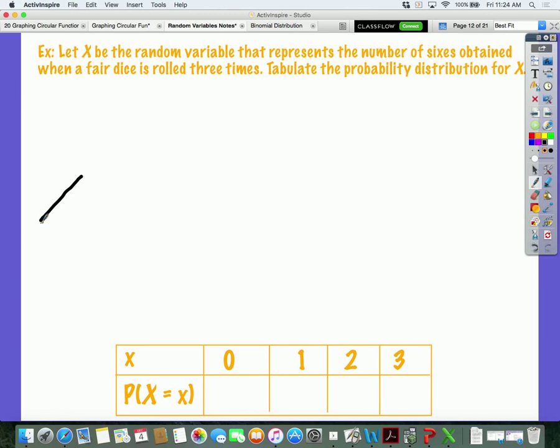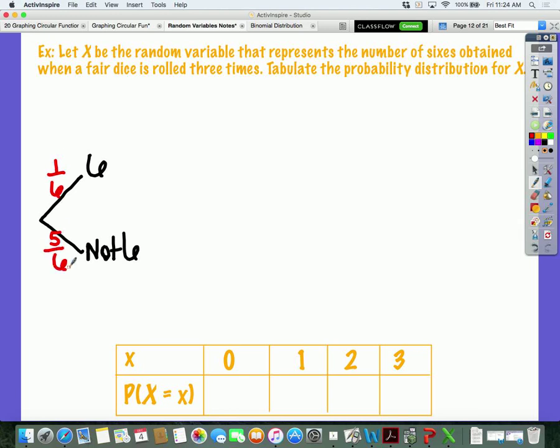So on the first roll we could end up with a 6 or not a 6. What is the probability? 1/6 for a 6 and 5/6 for not a 6.